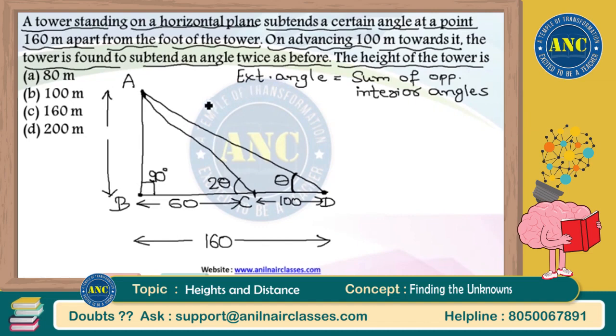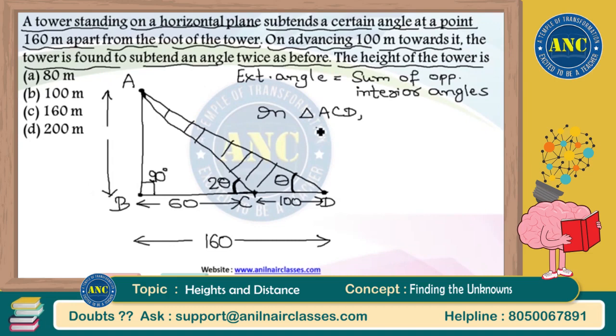Now I will take this triangle ACD, sir. In triangle ACD, can I say that the exterior angle for this particular triangle is nothing but this outside angle 2 theta, right? This is the angle which is outside of the triangle. So the exterior angle is 2 theta.